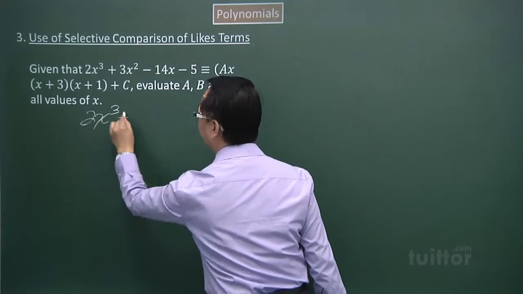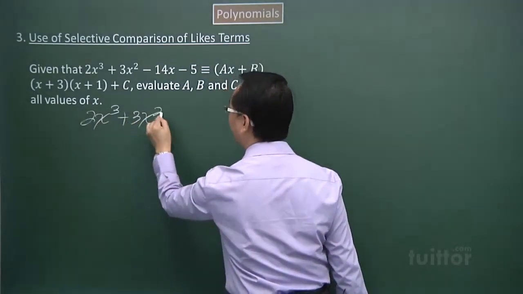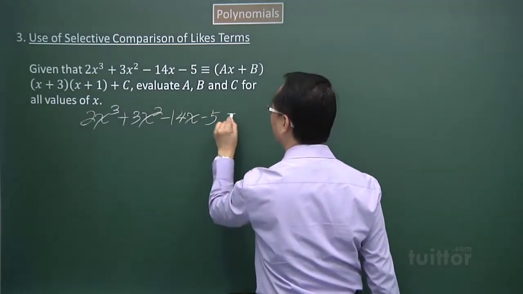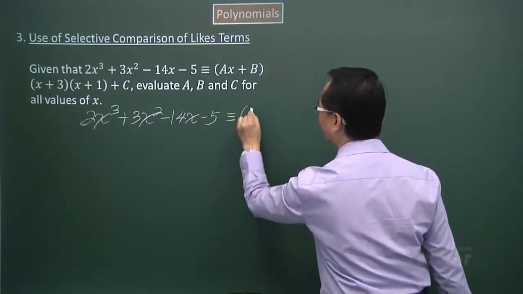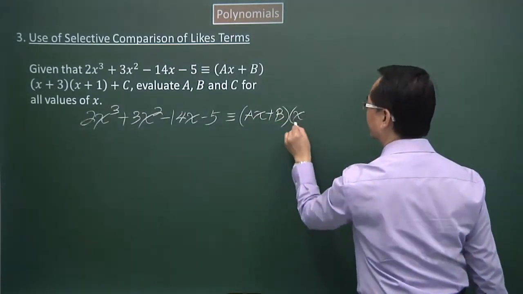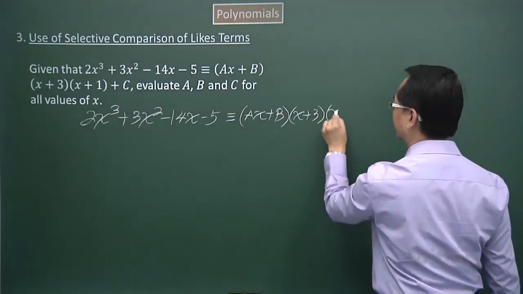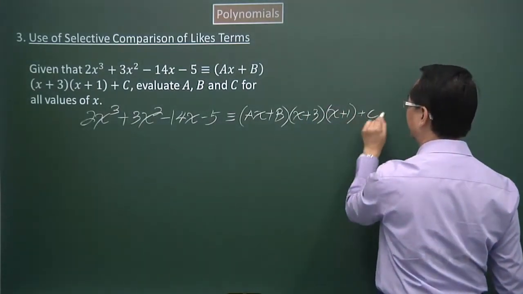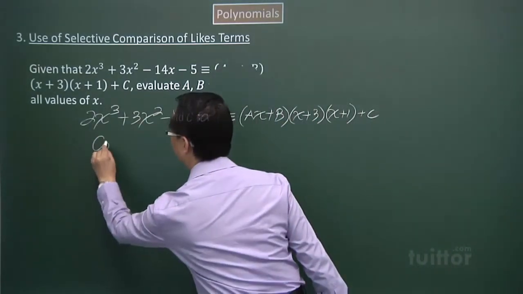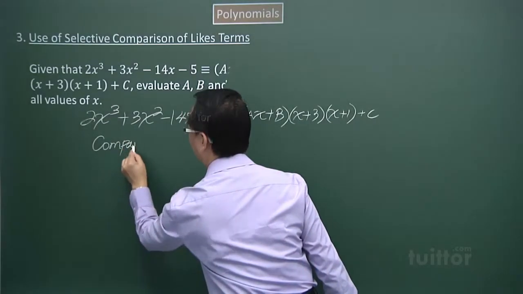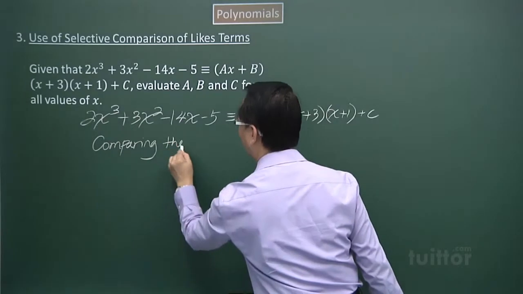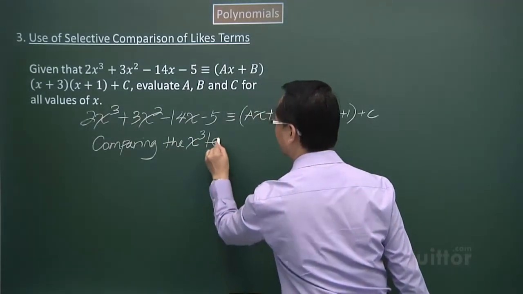The full identity, on the left-hand side, I have a cubic expression. On the right-hand side, this is the arrangement. So first, I do the comparison of the x cubed terms.